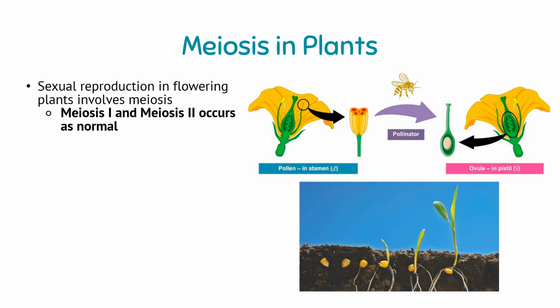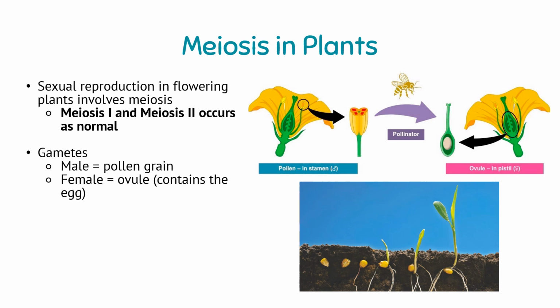However, meiosis does also occur in plants, because plants can undergo sexual reproduction, specifically flowering plants can. And this involves both meiosis 1 and meiosis 2, as we just learnt. And so in plants, gametes are a little bit different. The male gametes are the pollen grain and the female gametes are the ovule, so this contains the egg.